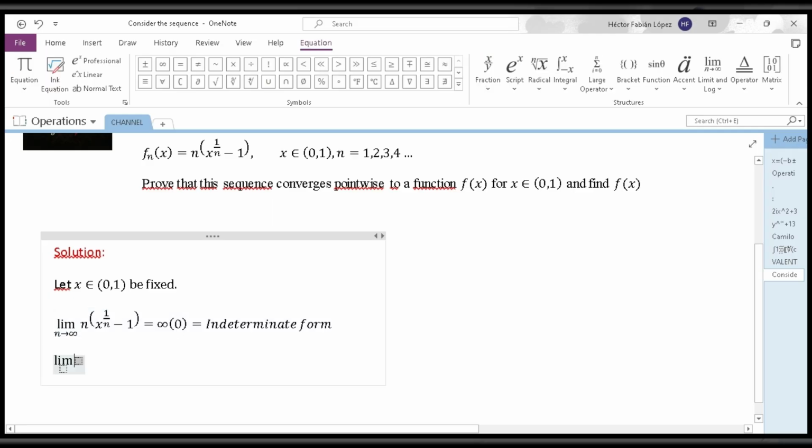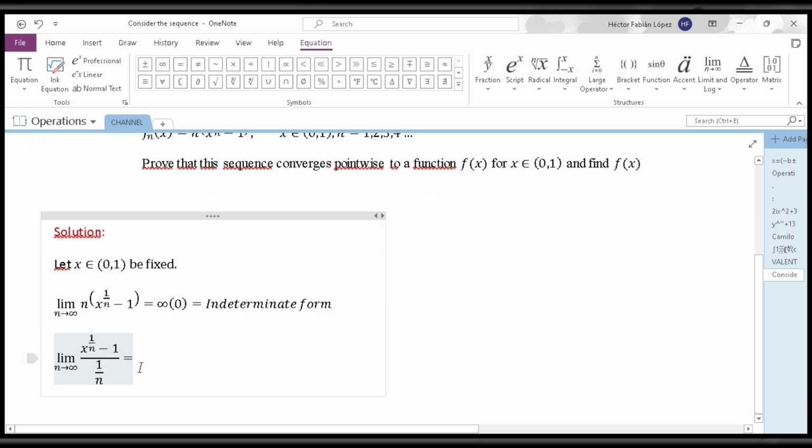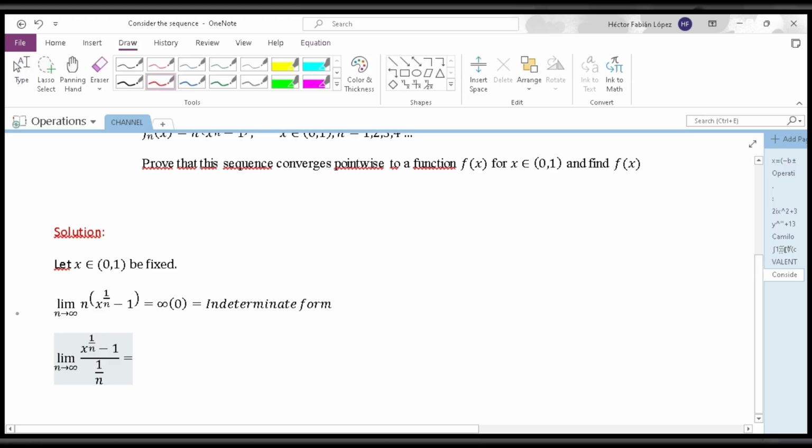We have the limit again of the fraction x to the 1 over n power minus 1, over 1 over n, when n approaches infinity. As you can see, we rewrote this function, and they are the same. You can use the extremes and means rule in fractions, and you can see that they are the same.